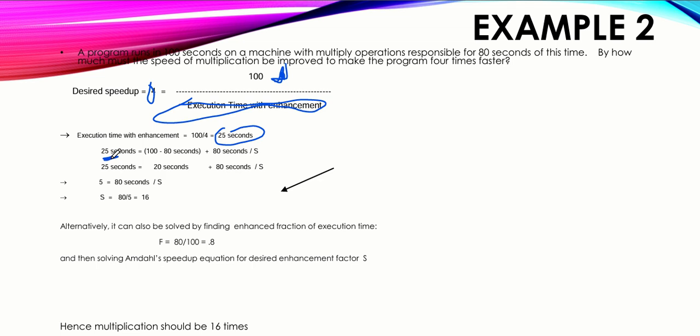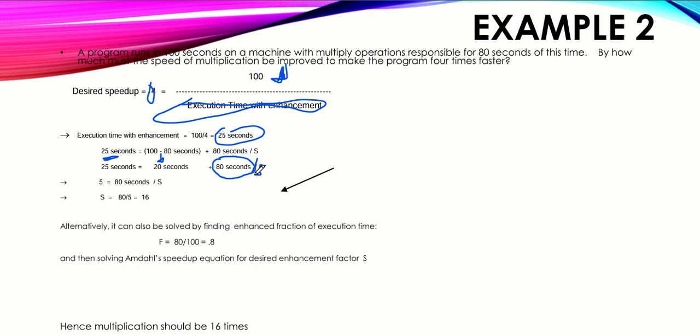So the remaining operations have to remain the same: 100 minus 80, the parts which are not multiply instructions, will be 20 seconds. The multiply operation is going to be sped up by a factor we don't know, but it will be the original 80 seconds over some factor s.